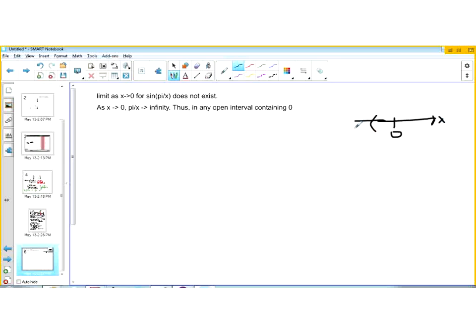I say any open interval containing 0. An open interval is denoted, from your algebra experience, by open parentheses. So if I choose any interval on the x-axis and it contains 0, what happens? All right, so in any open interval containing 0, I can find my text box.